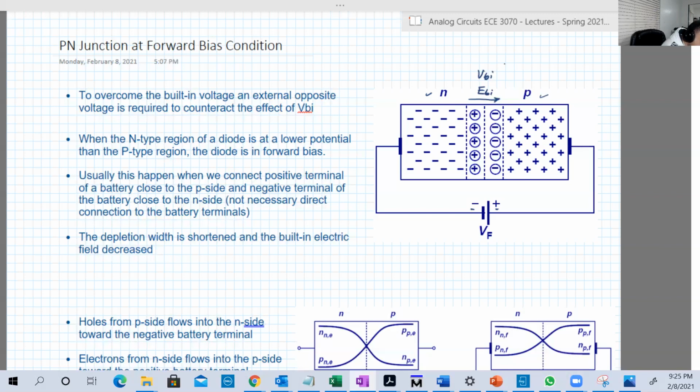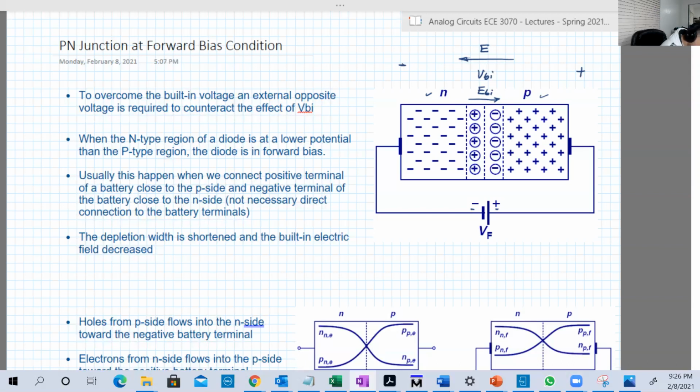If you see here, the built-in field is from positive ions to negative ions, but the external voltage that we connected right now, which is V forward, will make an electric field in the opposite direction, opposing the built-in field, and that will allow the holes to flow from P to N and allow the electrons to flow from N to P.